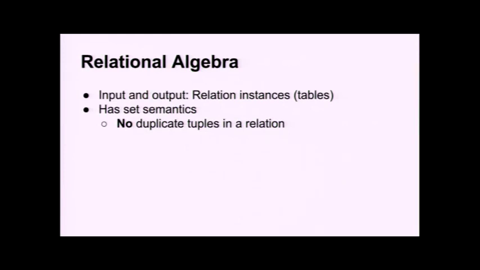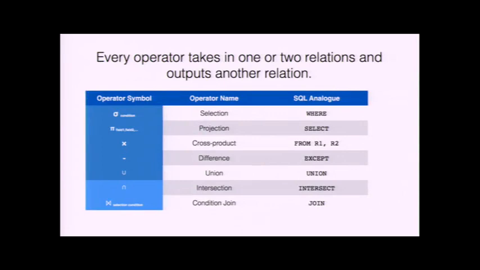To go over relational algebra, it's just a mathematical way to express a lot of these queries. The key part that's different about relational algebra is that they're all set operations. There are no duplicates. We have the selection operator, which is analogous to the where SQL syntax.